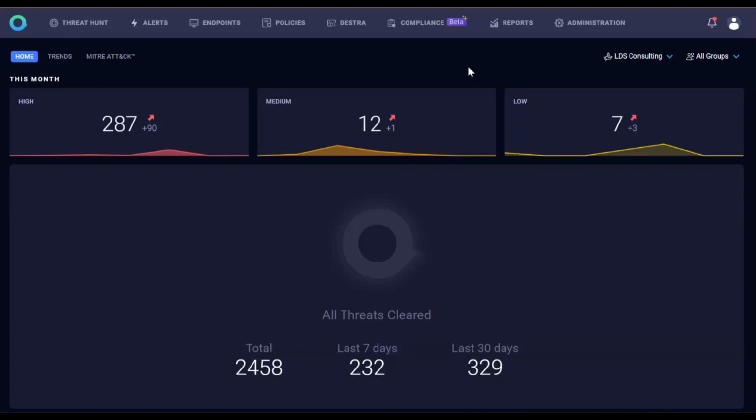What is really important, and this is a core differentiator compared to other products, is how the detection is performed. Detection for ReaQta is purely based on behavior. It means that we are not going to download signatures like a typical antivirus product, which means we are able to run also on air-gapped environments.